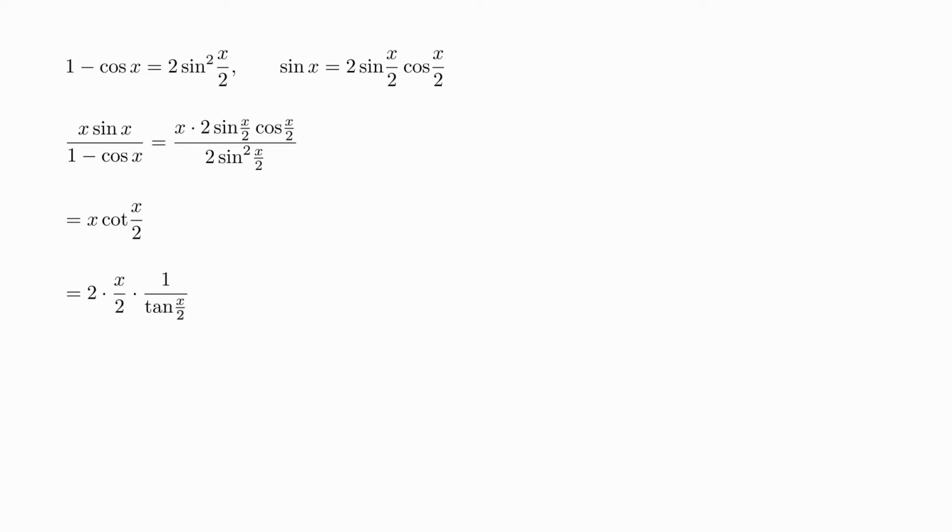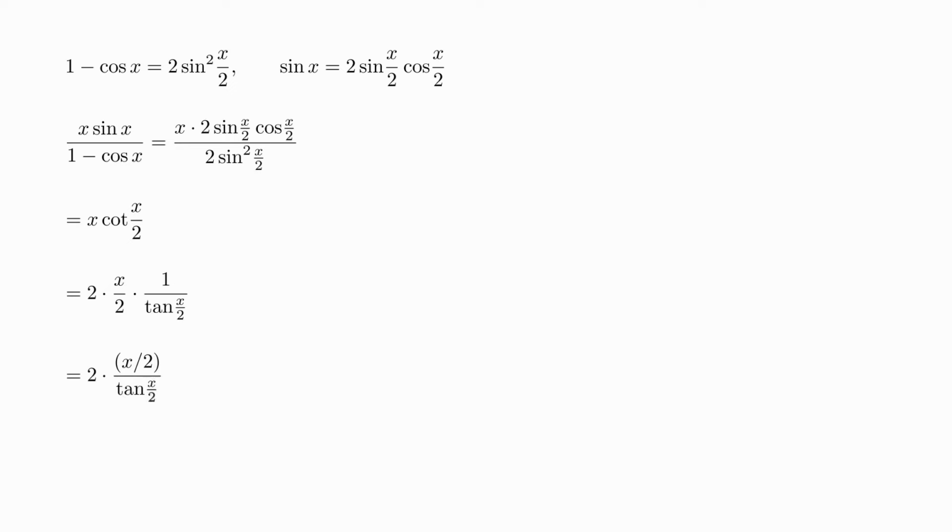And now, by expressing the cotangent as 1 over tangent, it gives you another famous limit identity. Remember the fundamental limits of trigonometry, there are 3 versions of it: sine x over x, tangent x over x, arctangent x over x. When x approaches 0, they all become 1, right?